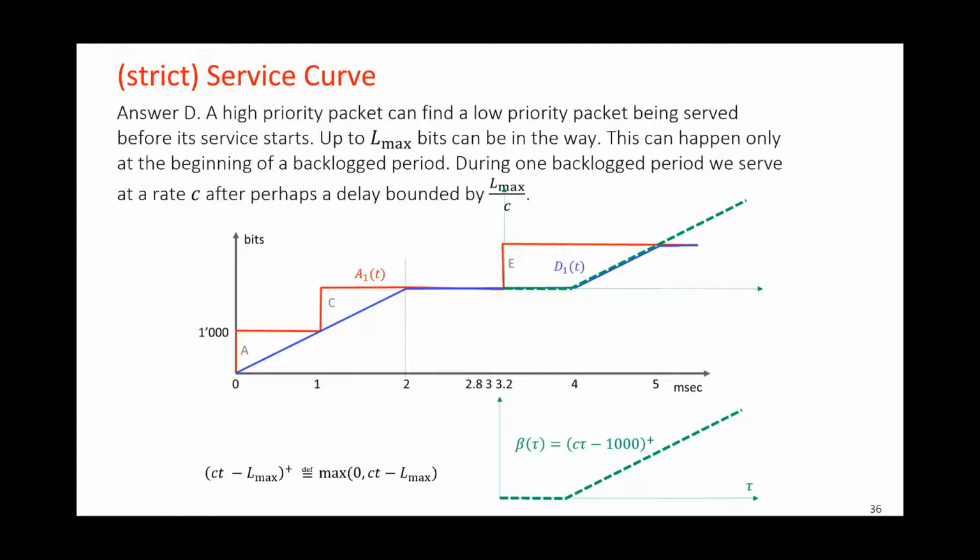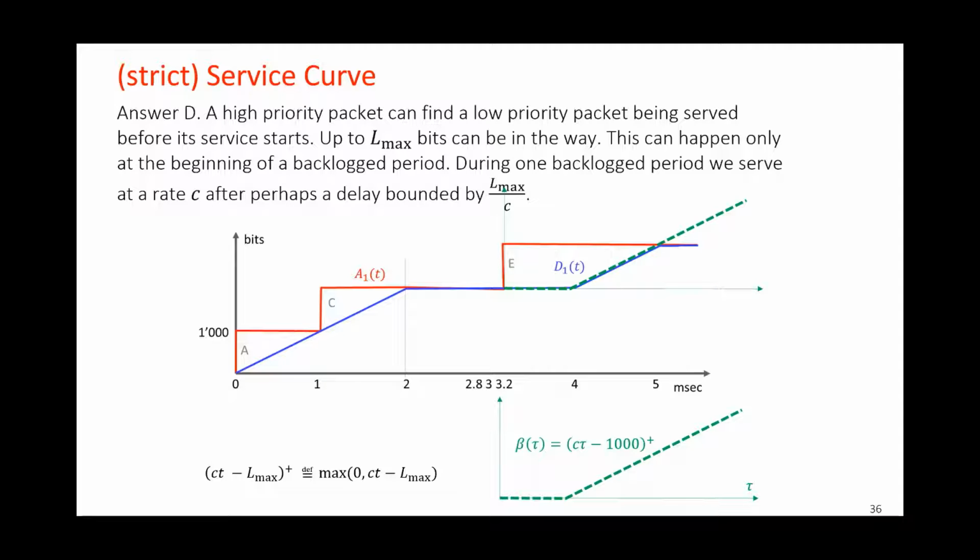So if there is a period of time, like here, where packet E has arrived, then it can be delayed, but this can happen only once in a backlogged period, because if it is continuously backlogged, when the server comes back to this queue, it will serve the queue immediately.